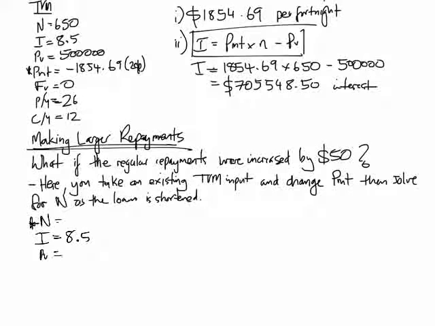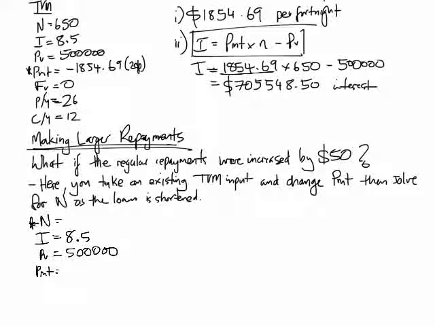You're still paying off a $500,000 loan. Your payments, you would have already put that in the calculator, okay? So you'd have that $1,854.69 in there already, and you are just going to work out what that payment's going to be if it's increased by $50.